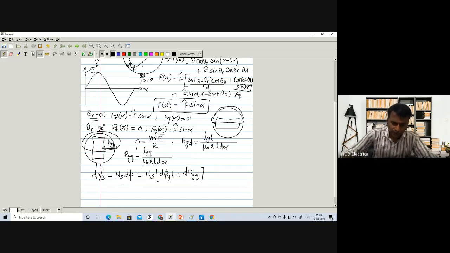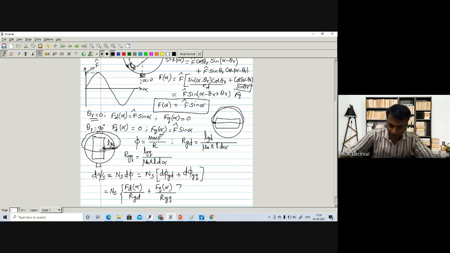Now let me substitute these values here. d psi s is equal to Ns into d phi. And d phi is the magnetomotive force along the direct axis divided by the reluctance of the direct axis, plus the magnetomotive force along the quadrature axis divided by LGQ.